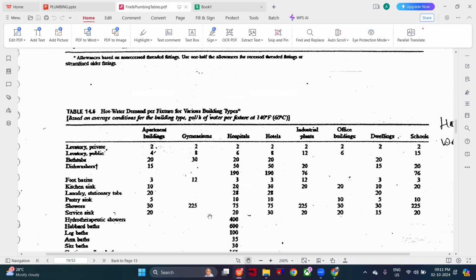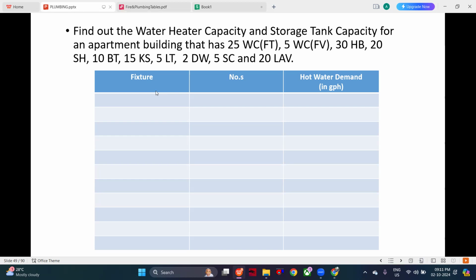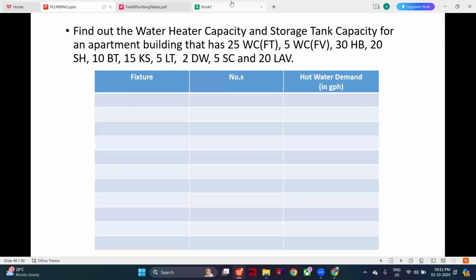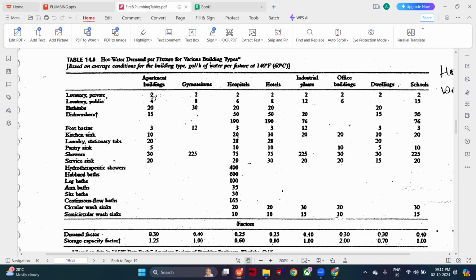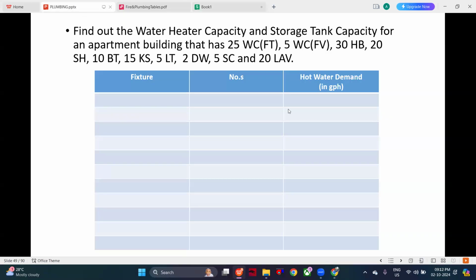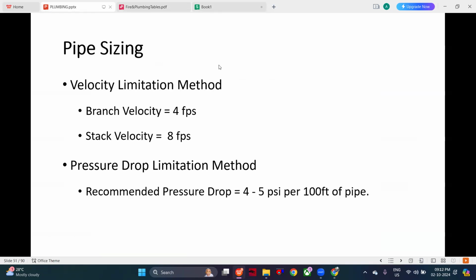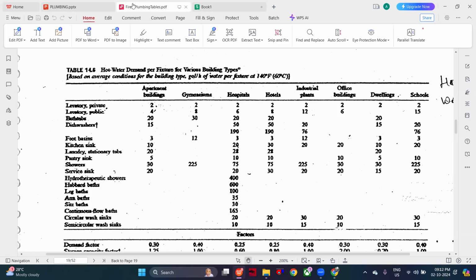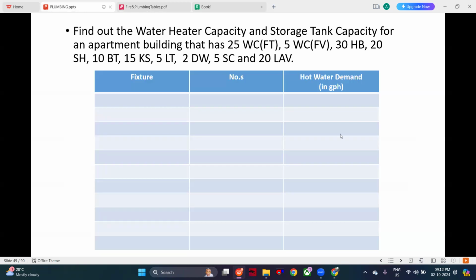Write down the lavatory; for a lavatory the hot water demand is 2, multiplied by the number, 20. Hospital and water closet have no hot water. Then add that total.